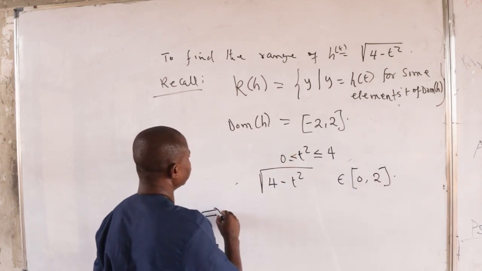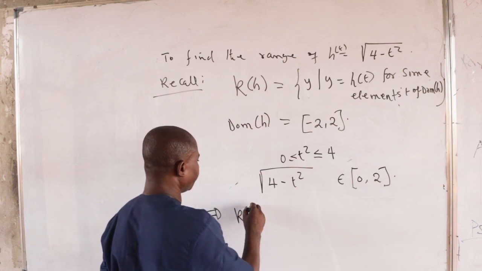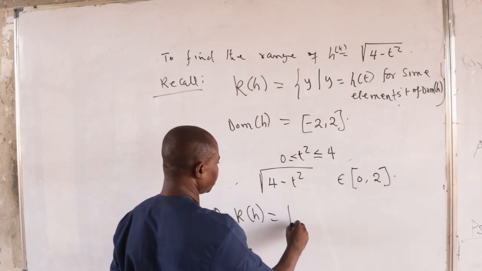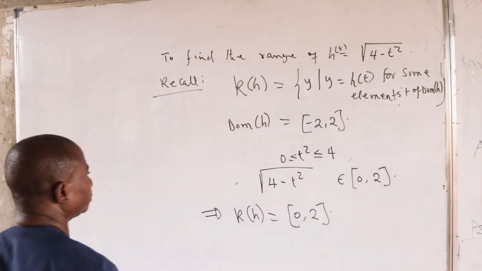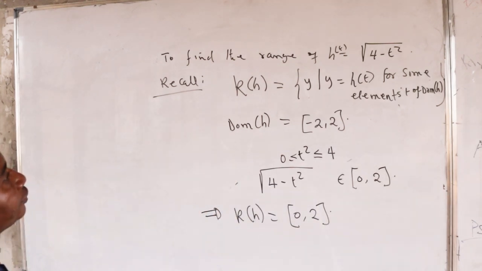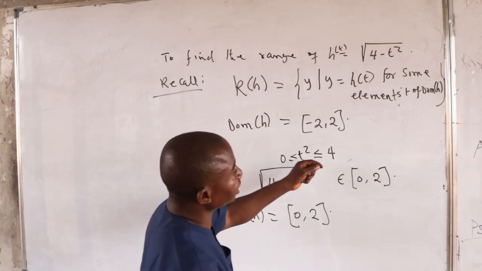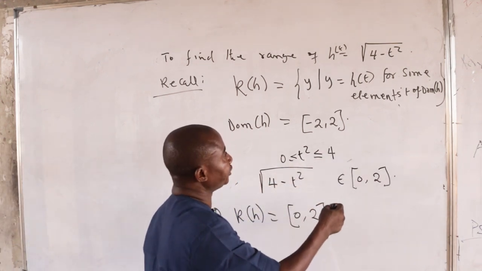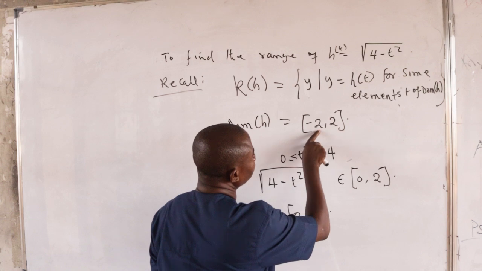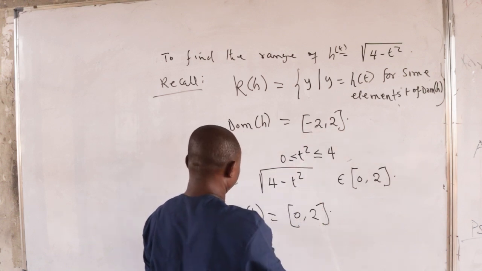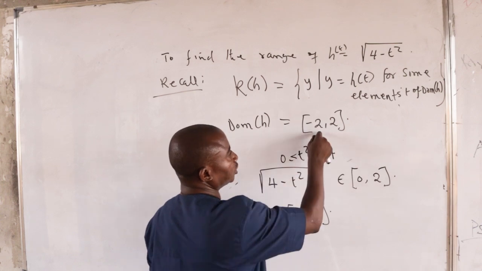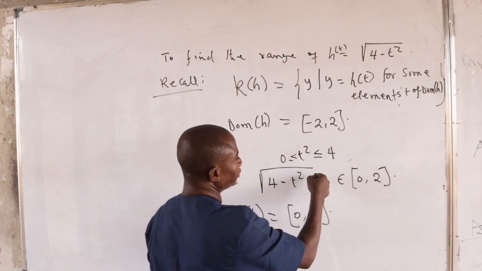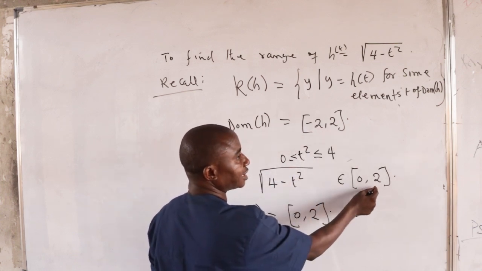And that means that the range of the function h is equal to [0, 2]. This is the range of this function. So you can check to be sure, to convince yourself. For any element you take here, when you compute 4 minus t squared, where t is what you take here, and you take the square root, what you get lands here.